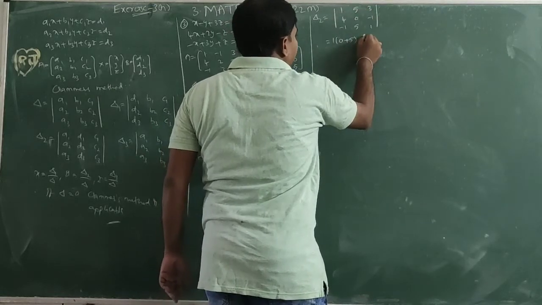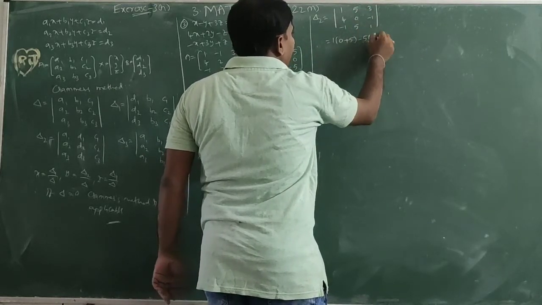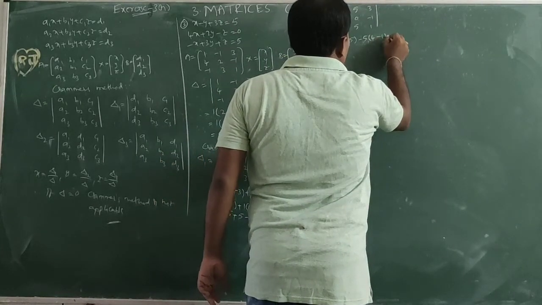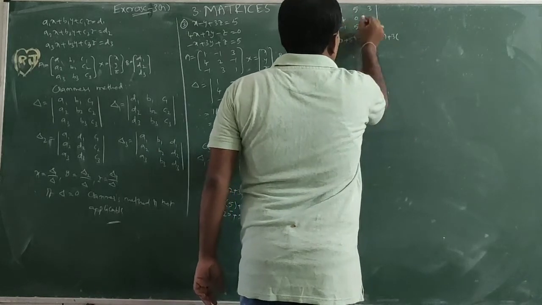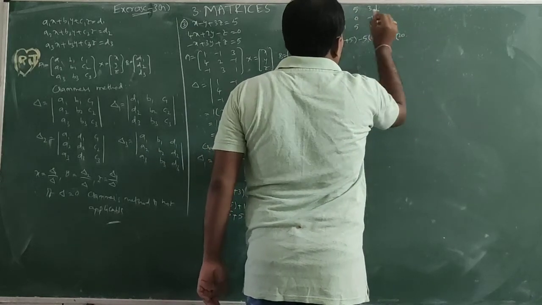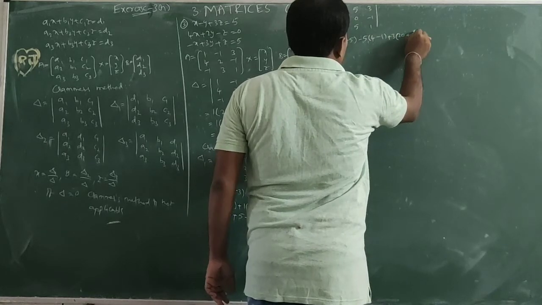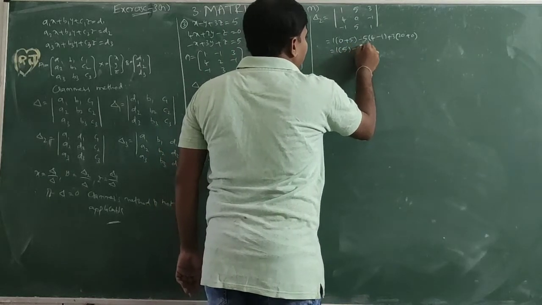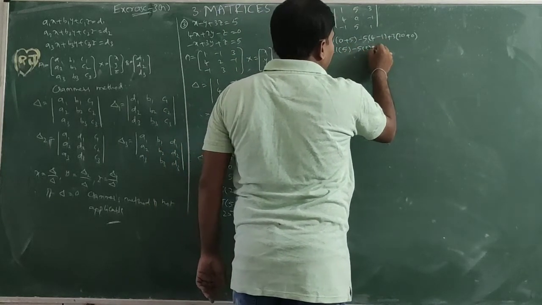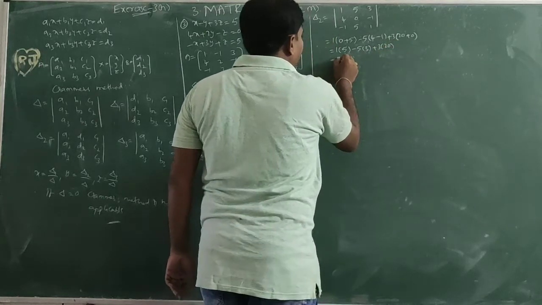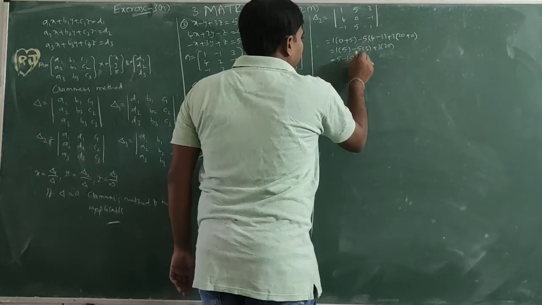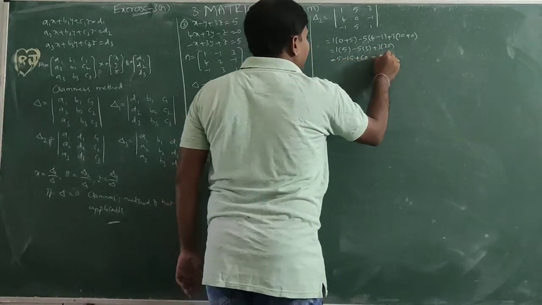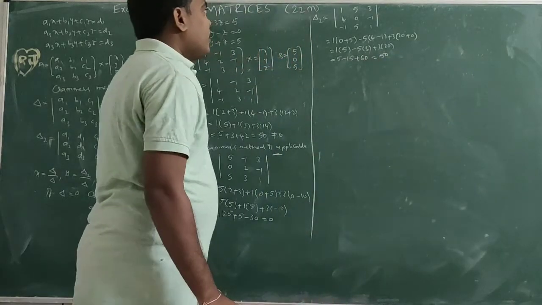So changing the sign, minus 5 of 4 into 1 is 4, minus 1 into minus 1 is plus 1, this side minus 1, plus 3. 4 into 5 is 20, minus 1 into 0 is minus 0 or plus 0. 1 into 0 plus 5 is 5, minus 5 into 4 minus 1 is 3, plus 3 into 20 is 5, minus 15. 3 into 20 is 60, 60 plus 5 is 65, minus 15 is 50. Next, delta 3.